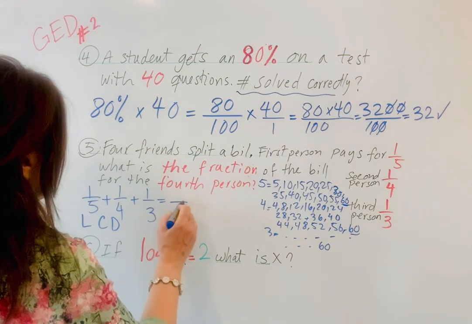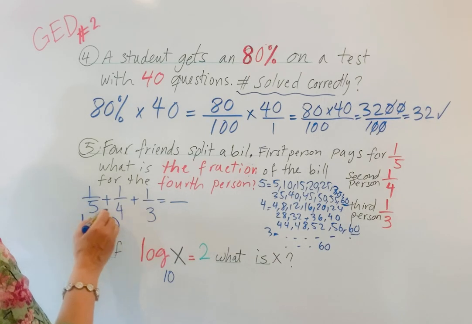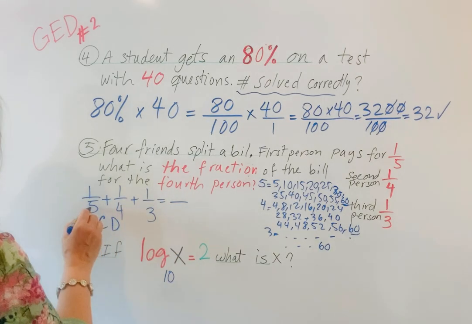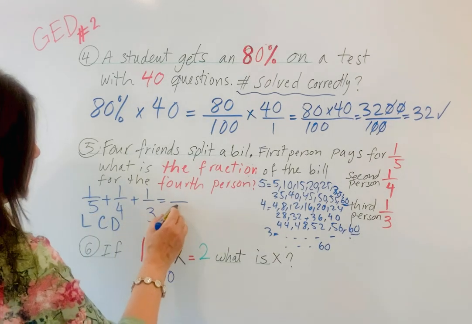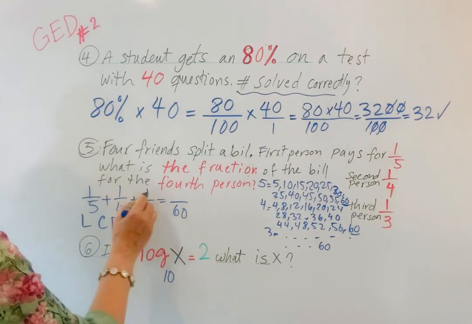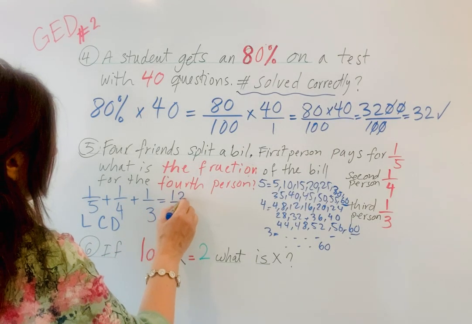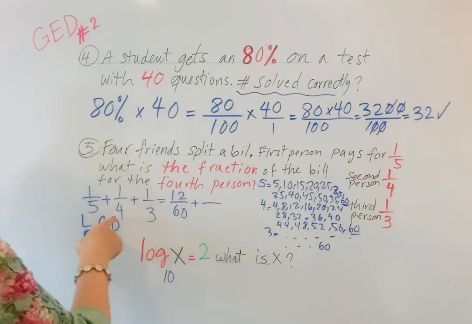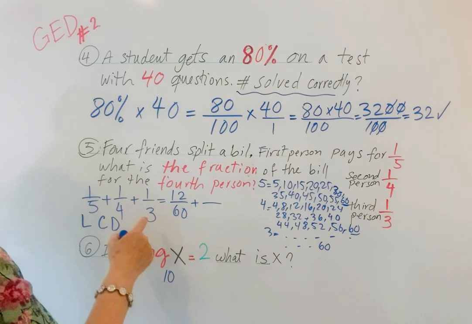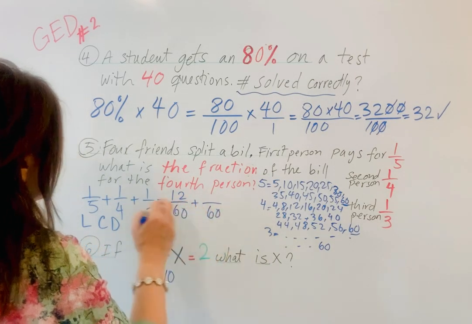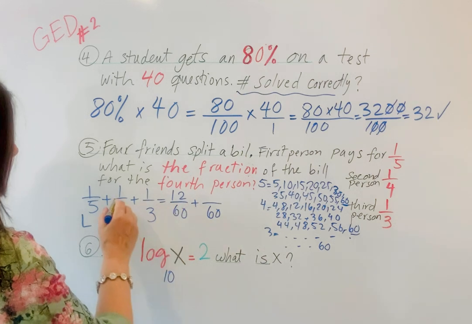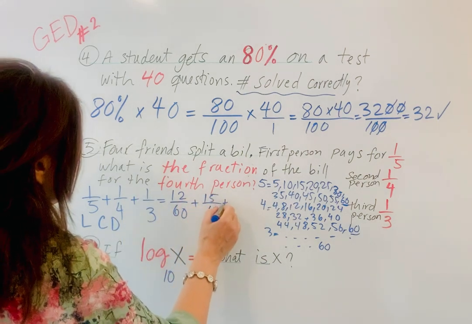Okay, we can write here: for 1/5, 5 times 12 gets 60, 1 times 12 gets 12. For 1/4, 4 times 15 gets 60, 1 times 15 gets 15.